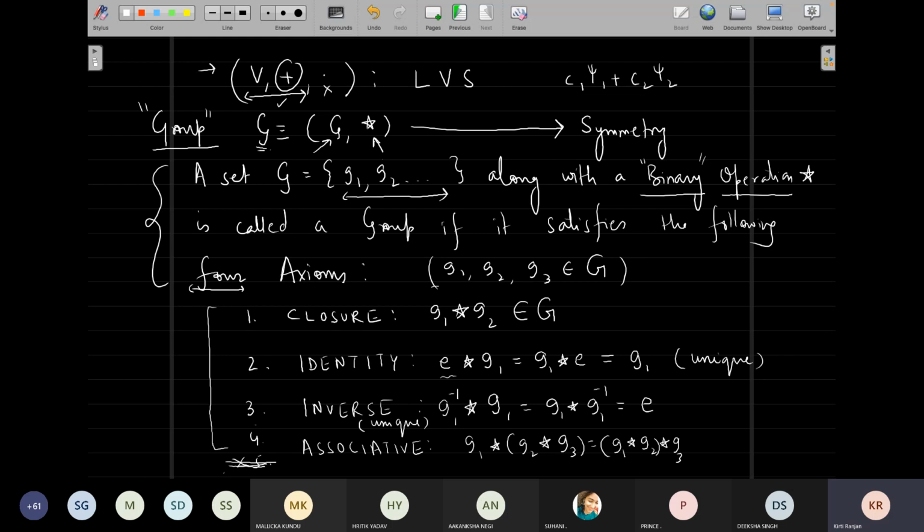So G1 star G2 may or may not be the same as G2 star G1. I'll come to that. But this algebraic structure looks very similar to a partial structure of the linear vector space Vn plus, without the commutative rule. That's one thing that we'll always have to remember.